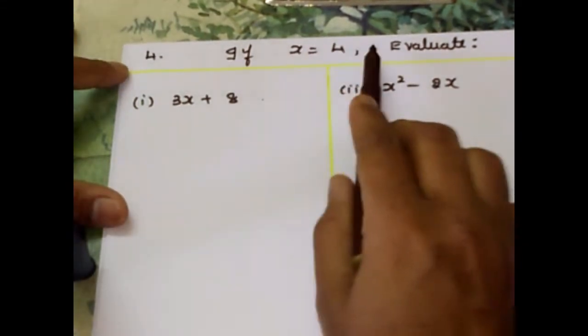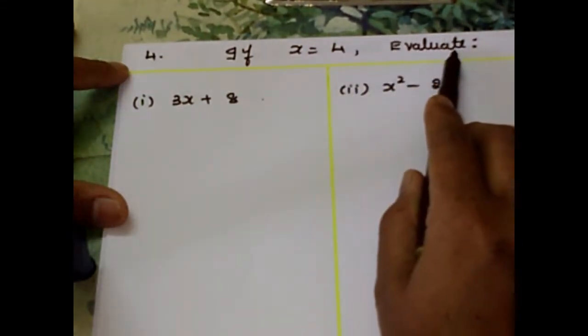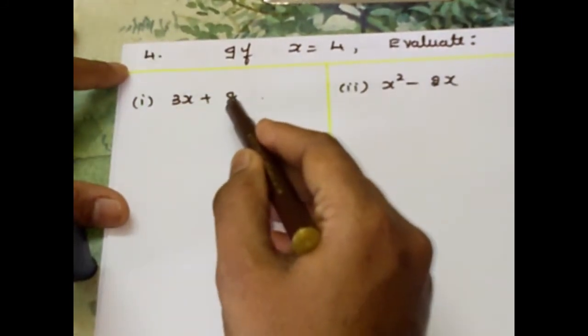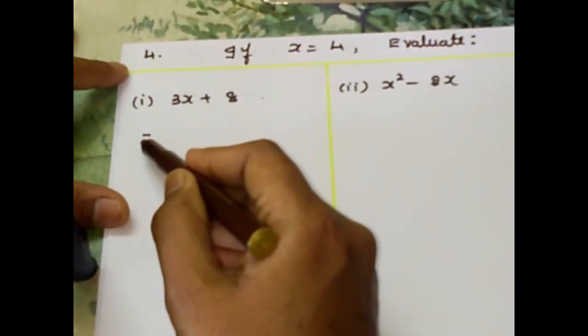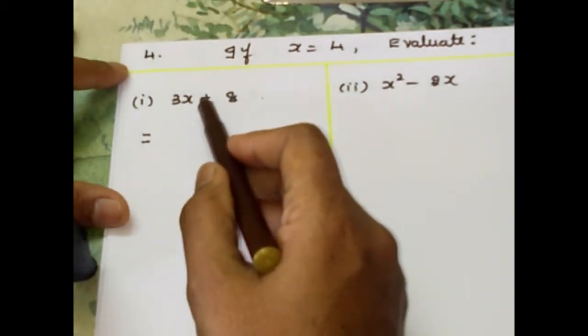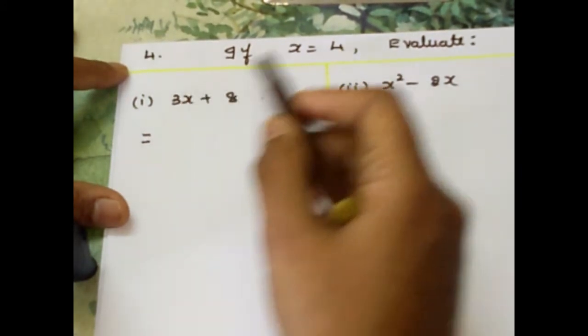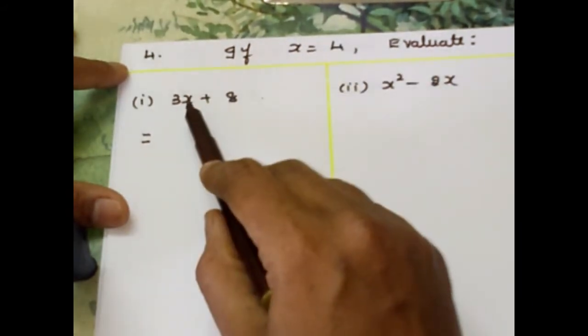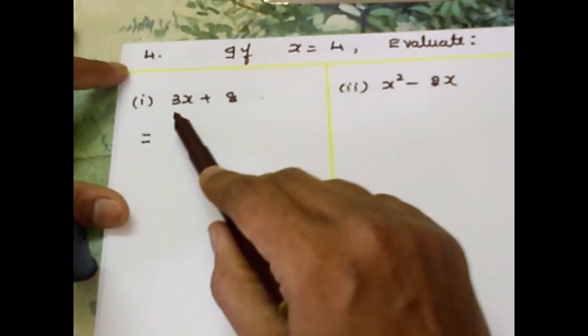If x is equal to 4, evaluate. Read the first expression, 3x plus 8. Begin your solution with the equal to sign. What do you mean by substitution? Substitution means the value of x is assigned as 4. In the place of x, I need to write 4.